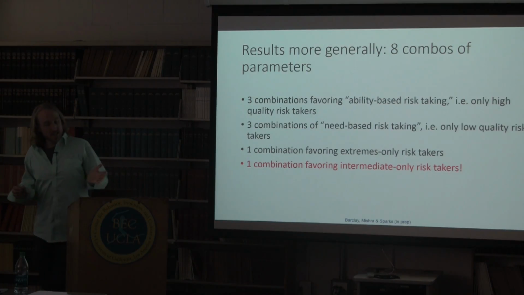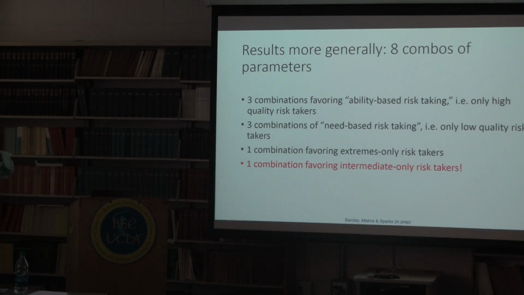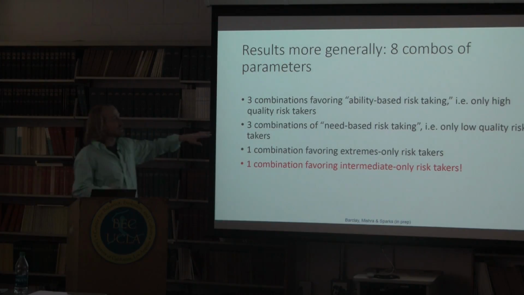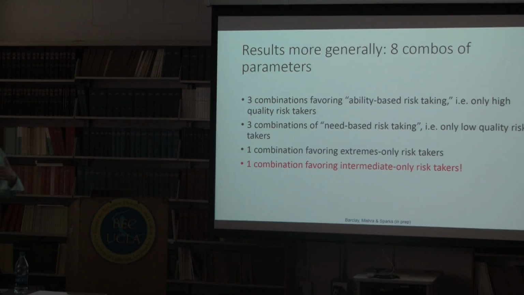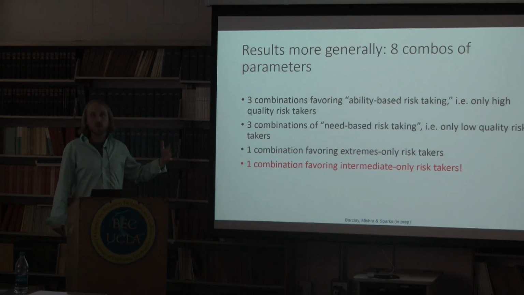And what we find is that 3 of the parameter combinations look exactly like ability-based risk-taking. The high-quality people are selected to do more risk-taking. 3 of the combinations of parameters look very much like need-based risk-taking. The low-quality people are selected to do the risk-taking. 1 favors only the extremes, both the high and the lowest quality. So all of those are consistent with our verbal model of ability or need-based risk-taking.